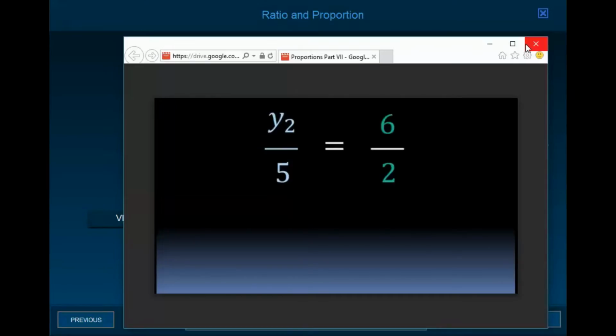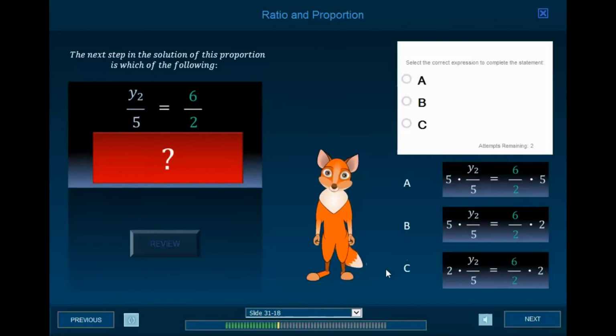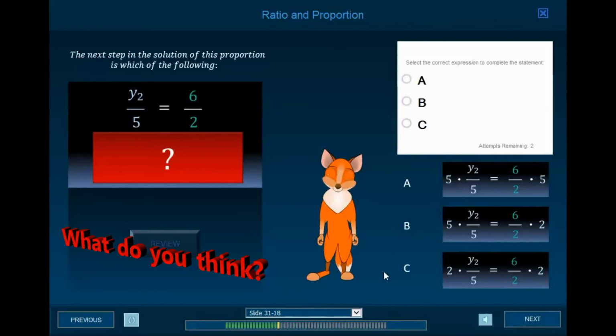So our first step in solving this proportion will be to multiply the left-hand side of the proportion by 5. And we must do the same thing to the right-hand side in order to still have a true statement. The next step in the solution of this proportion is which of the following?